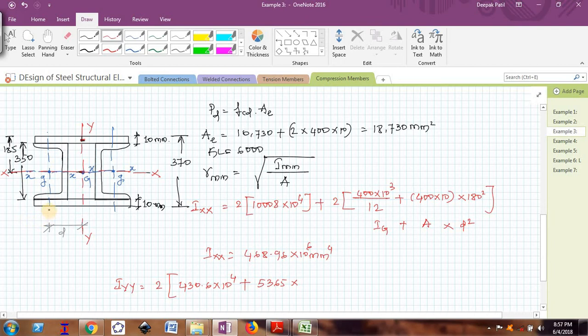Now d square is actually the distance from here up to here, that is this distance. This I have marked here. Now how will I find that one?